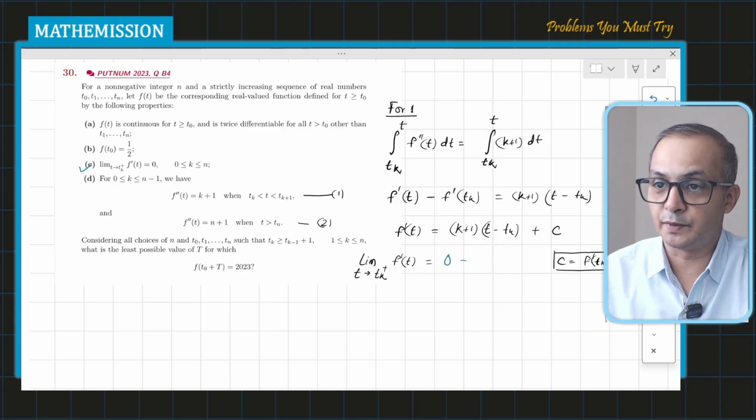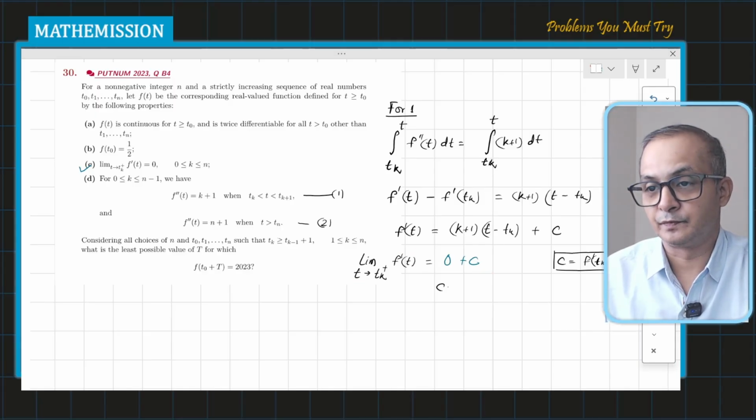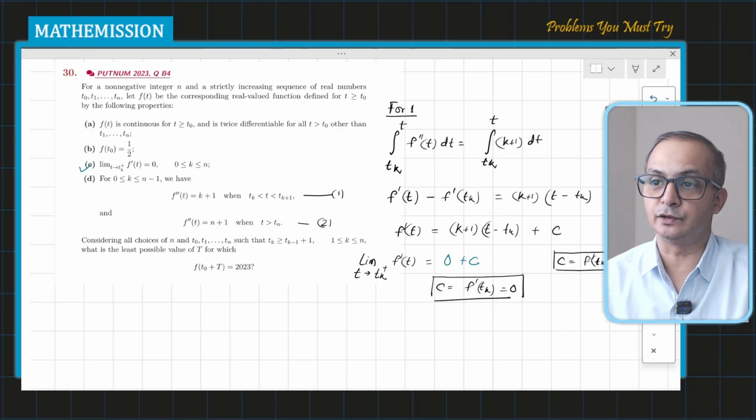So I can write 0 plus c, and this value is given as 0 in the question, therefore c will become 0. So c becomes 0 means f dash tk is actually 0. So it's a constant, and that constant is 0.